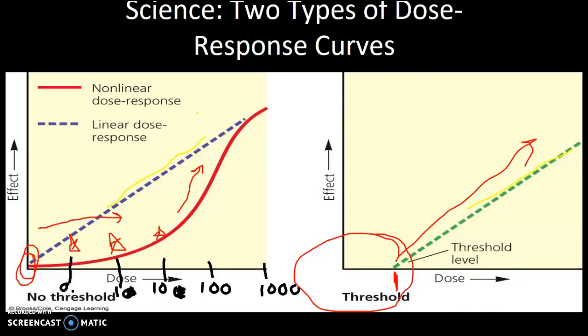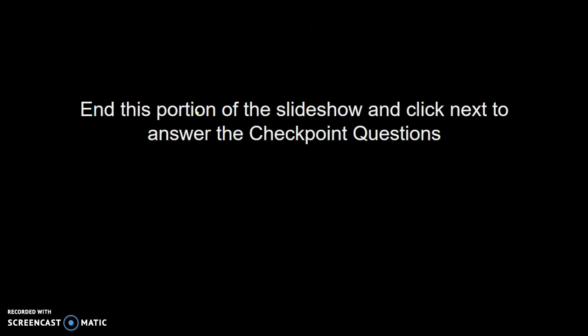The effect is going up much faster than it would on a semi-logarithmic graph. So those dashed lines indicate that this potential poison, chemical, whatever it is, is much more powerful than something that shows the S-curve.